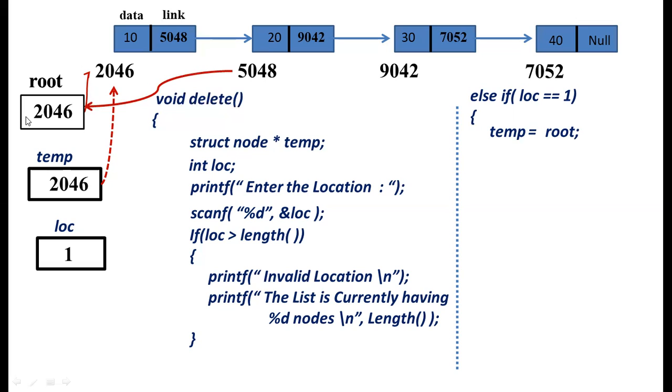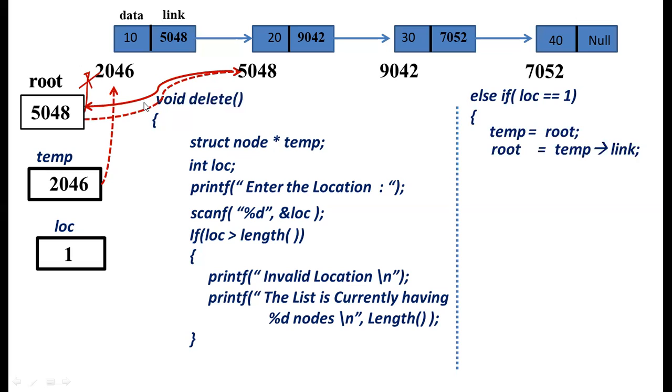If you notice, the root is pointing to the first node, and temp is also pointing to the first node. So we need to assign temp to link value to root. Now the root will become 5048, so the root will be pointing to this particular node.